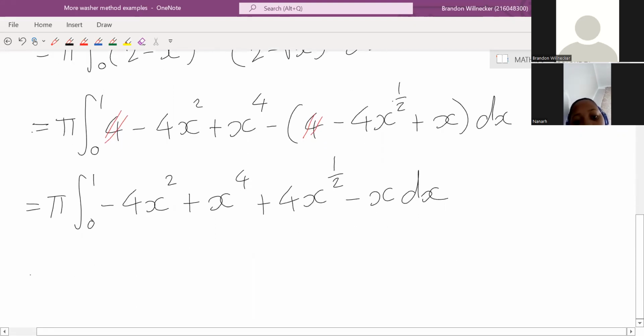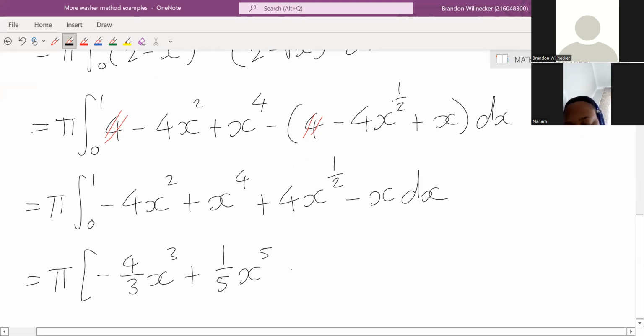Integrating this, very easy. That's going to be minus 4 over 3 x cubed plus 1/5 x to the 5 plus 4 times. We add 1 to the exponent to make it 3 over 2, then divide by 3 over 2, so times by 2 over 3, x to the 3 over 2 minus 1/2 x squared.